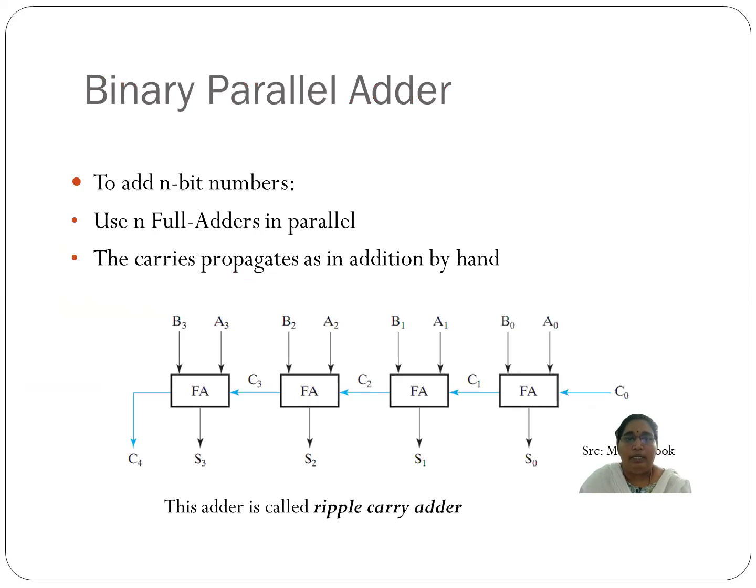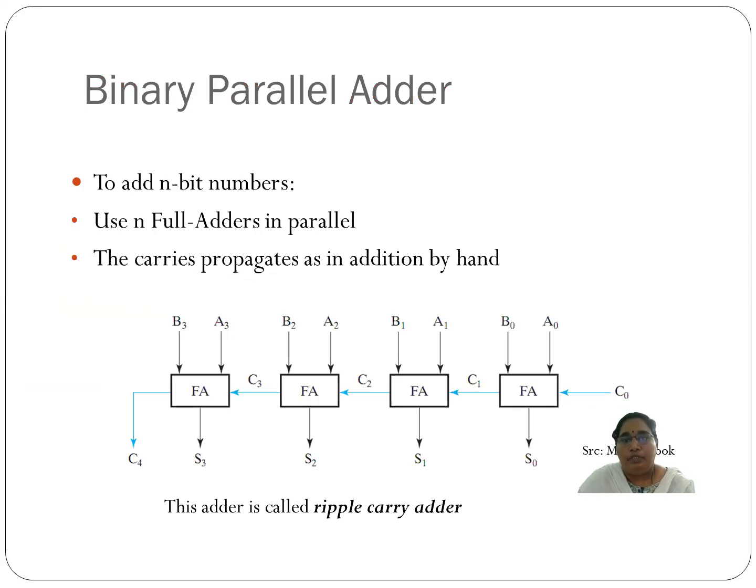This is also called an iterative adder, where similar full adder sections are used in an iterative manner for n-bit addition n times. But there is a drawback for this type of circuit, the ripple carry adder, because it takes more time. It takes more delay. Suppose one full adder takes 1 nanosecond to generate sum and carry outputs.